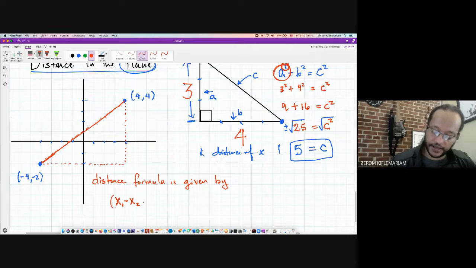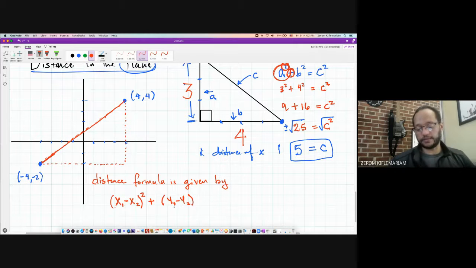Then I'm going to add it to the difference of the two y's, y1 minus y2. It doesn't matter, some people write y2 minus y1, as long as we're not scrambling the x and y in one bracket. We should be okay. The difference of the x's, the difference of the y's.